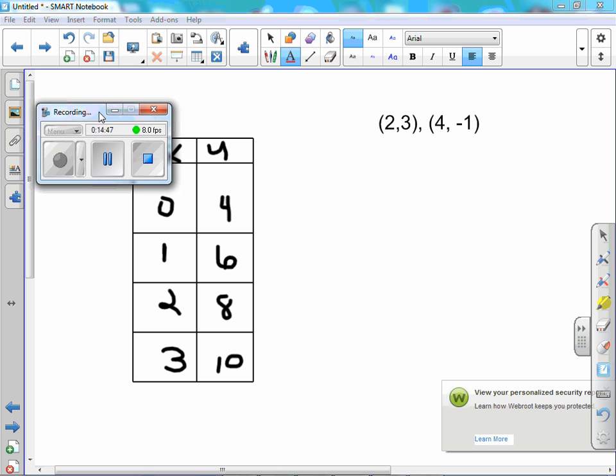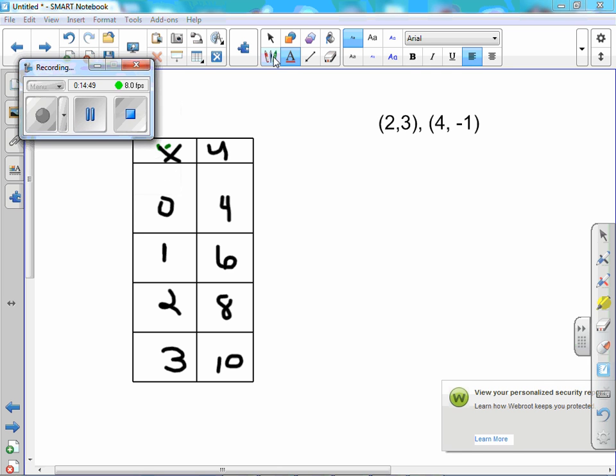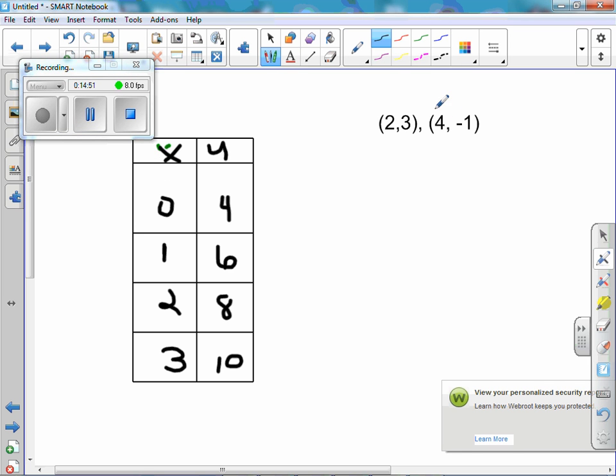Okay, make sure you understand how to find the rate of change, whether it's in the form of a table or in the form of two coordinates. So we know we talked about how you would do it with the two coordinates with the formula y2 minus y1, which is a change in y. So minus 1 is the second y, minus 3 is the first y, over x2 minus x1, which is 4 minus 2.